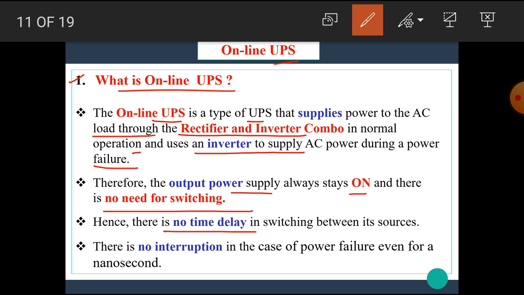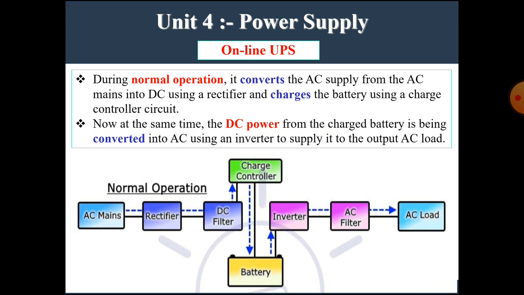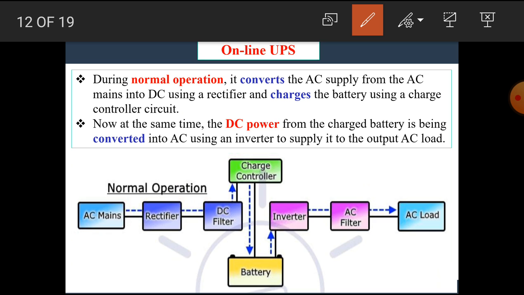Hence, there is no time delay in switching between its sources. There is no interruption in case of power failure even for a nanosecond. That means in online UPS no switch is used. Here in this diagram we can see that there is no type of switch used for its operation. Let's see its operation in two modes.